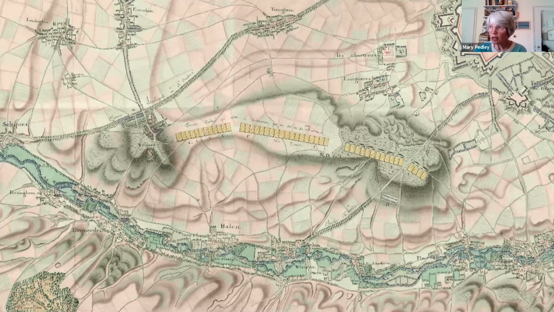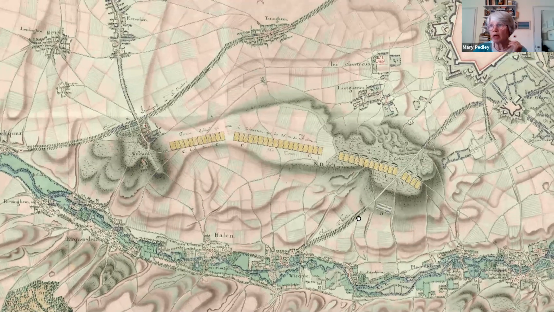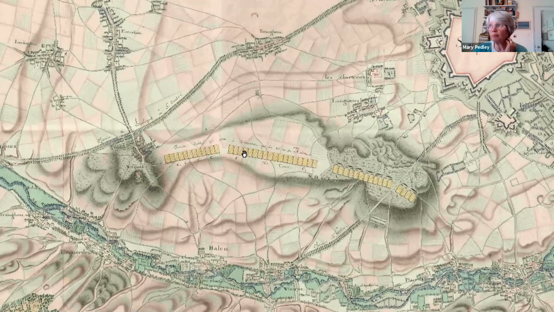And what really stands out on a map like this is this depiction of elevation. And as Matthew pointed out, the troops are lined up in yellow on high ground. And it was important in this period as warfare shifted more to open terrain and open area, that the relative command of high ground becomes extremely important.